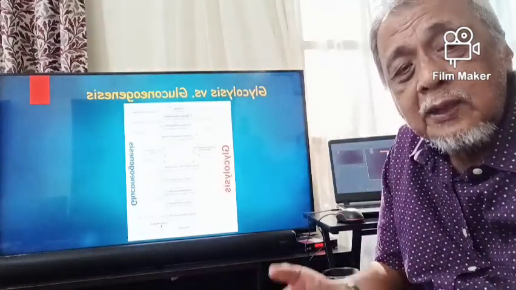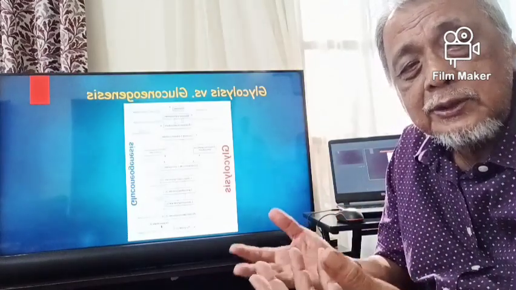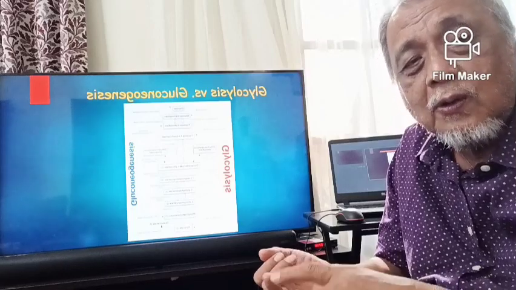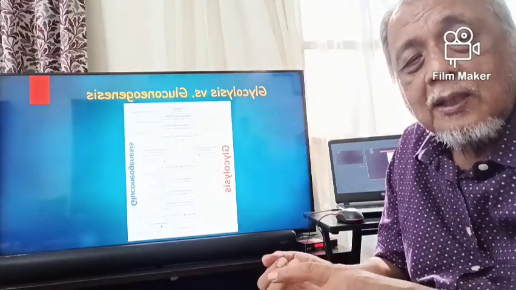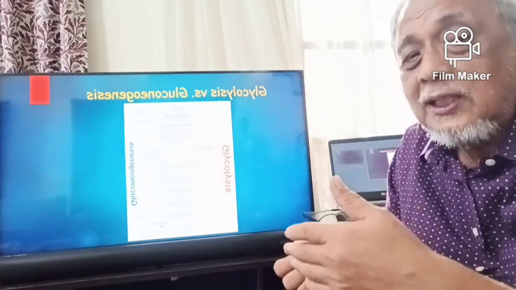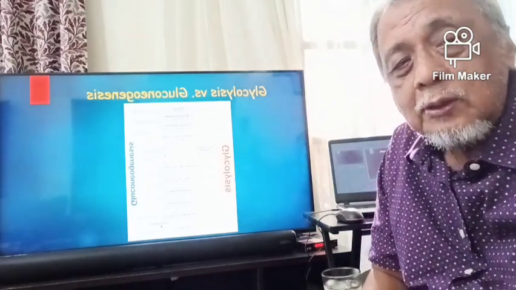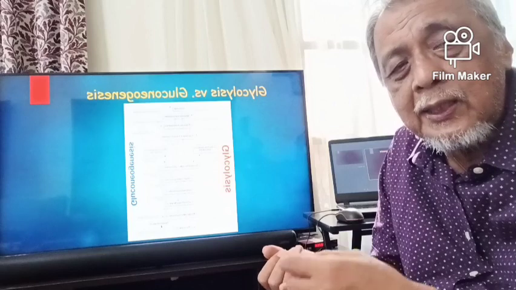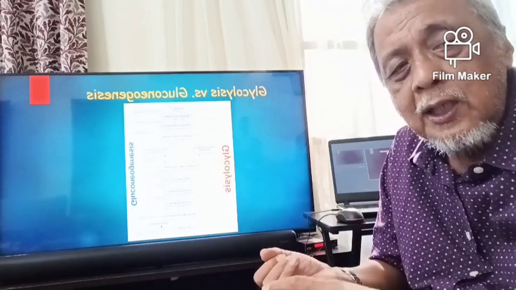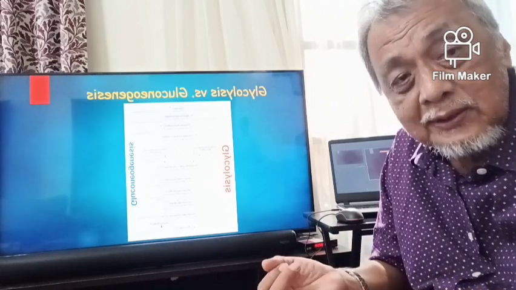Okay. On the other hand, there is gluconeogenesis. So you already have a store of potential energy sources, either in the form of fats or in the form of glycogen. Okay. Of course, there are still other sources of energy substrates. So we have already mentioned that a simple sugar called glucose can be a source of energy, but then it is stored as either glycogen or fat.